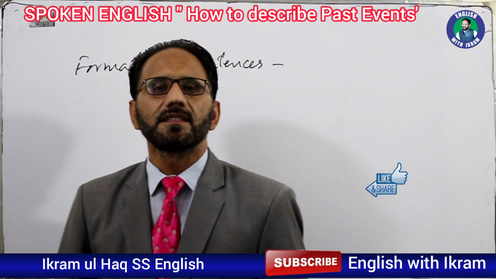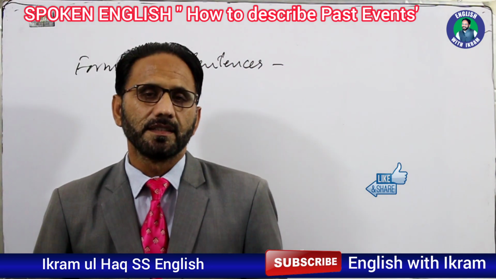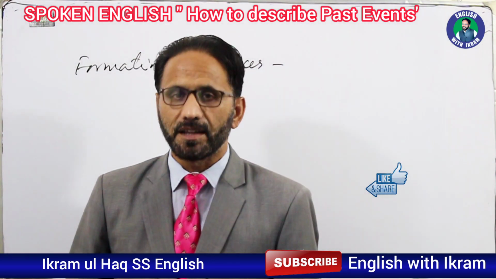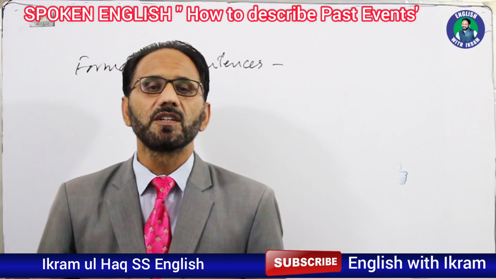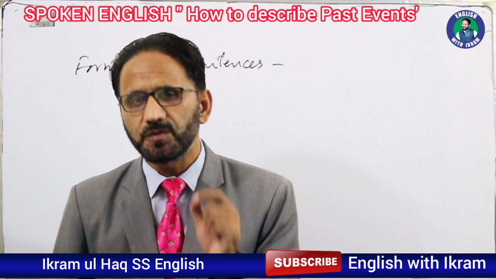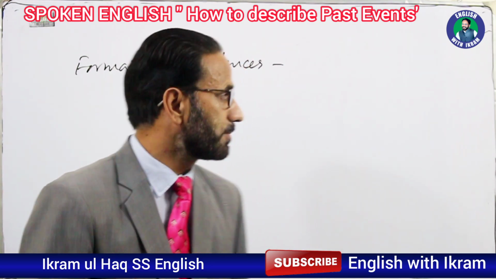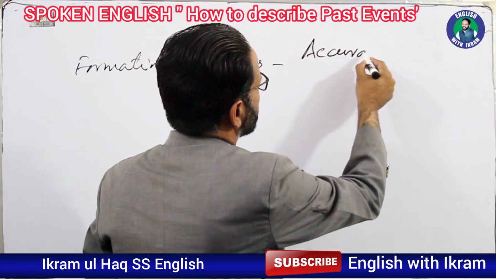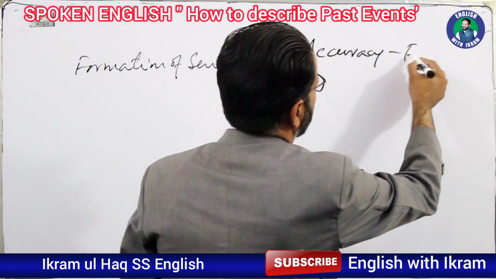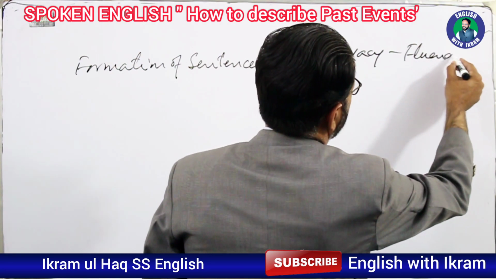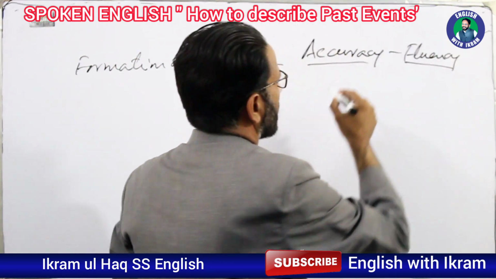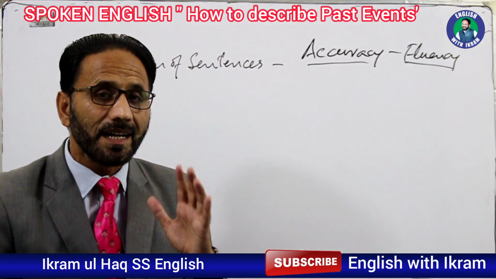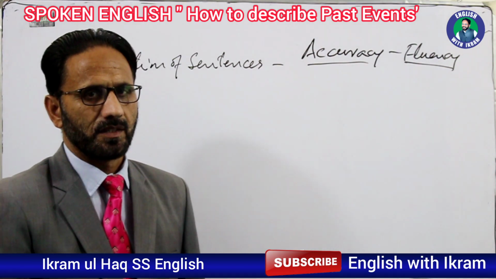As I have discussed in Spoken English Part 1, there are two main aspects of a language. Whenever we want to learn or speak a particular language, we have to be focused on two main aspects: accuracy and fluency. These two are the main aspects of a language.